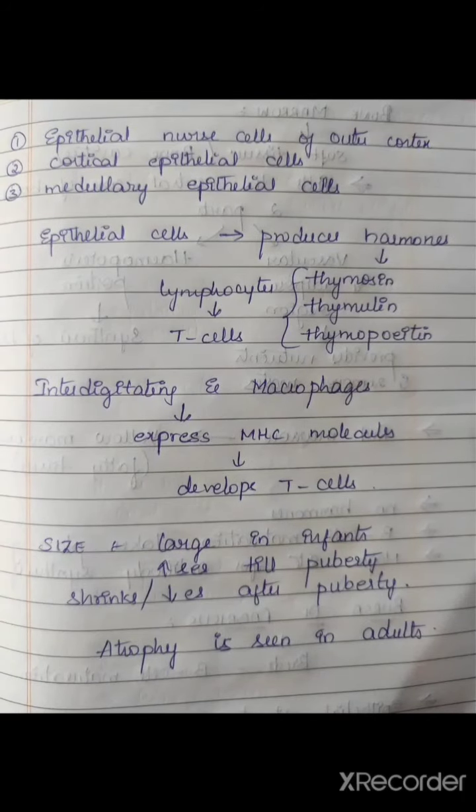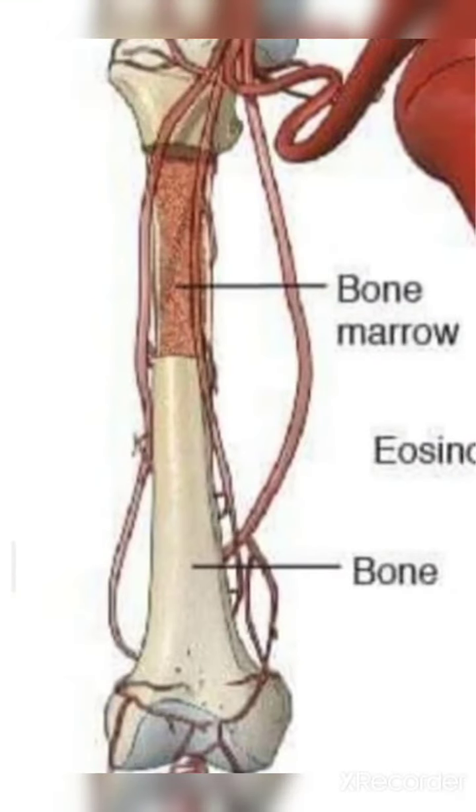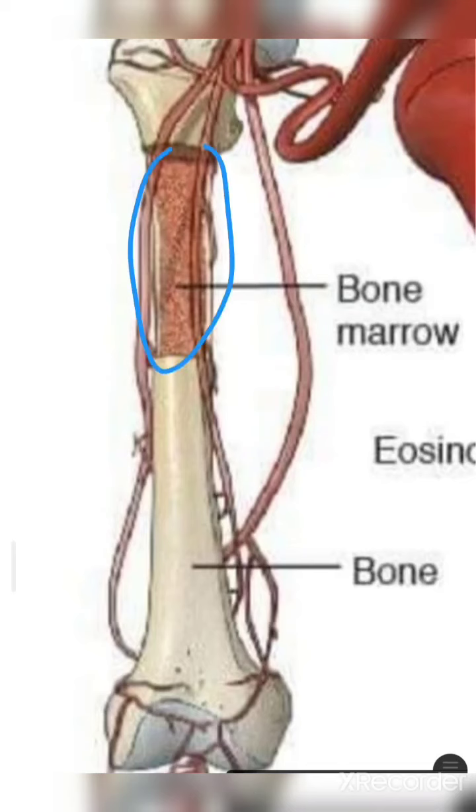Next, coming to the bone marrow. Here you can see bone marrow is a soft tissue present inside the bone cavities. It fills the central core of the bones.